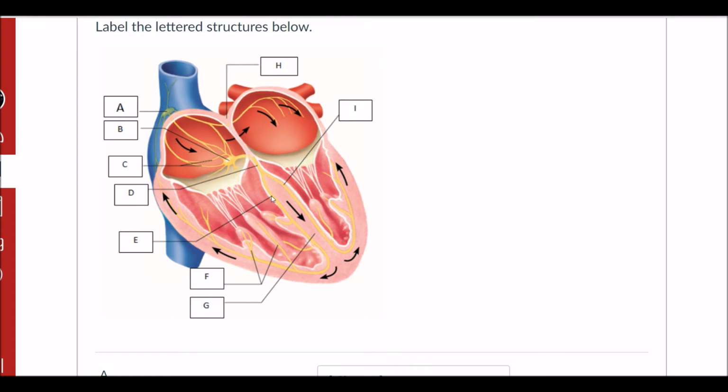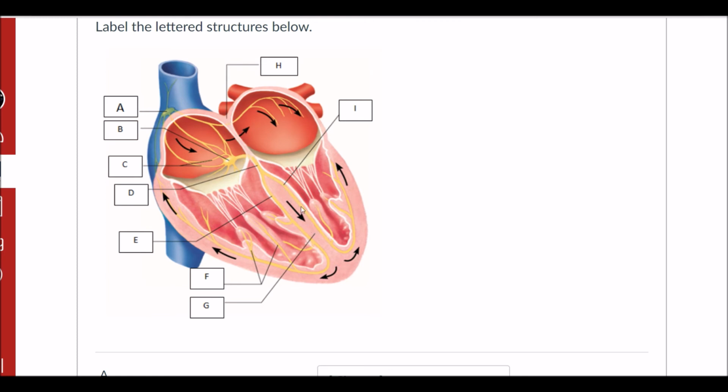E. E is on the right side, so it is the right bundle. F is when they go up. Purkinje fibers, very good. G is the septum in the middle, the interventricular septum.